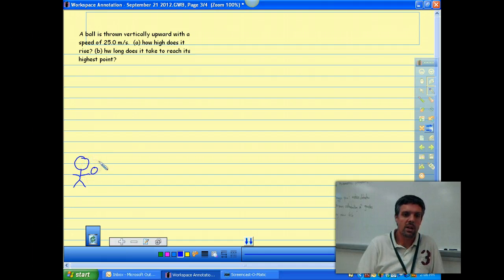You've got a ball, and it's thrown upwards, okay? It starts off at 25 meters per second. What's it doing up here? Well, it comes to a final velocity of rest, and so it's 0 meters per second. So this is v naught, and this is v, okay?